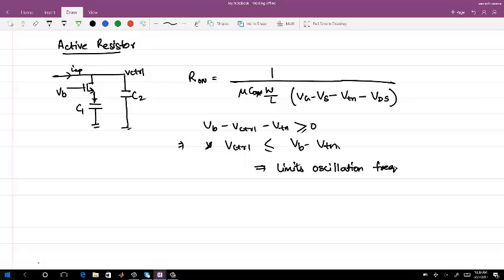No. So this resistor is in triode region, right? In a steady state, let's say there is some current, delta, whatever it is, but that will have a VDS very, very low.